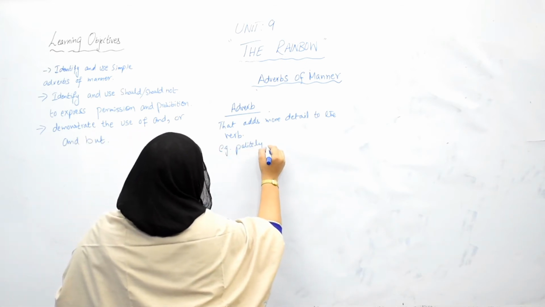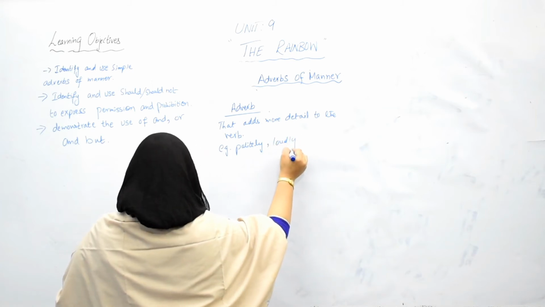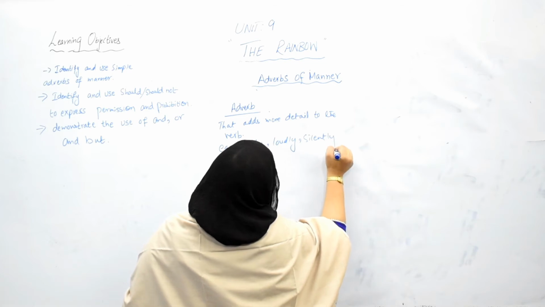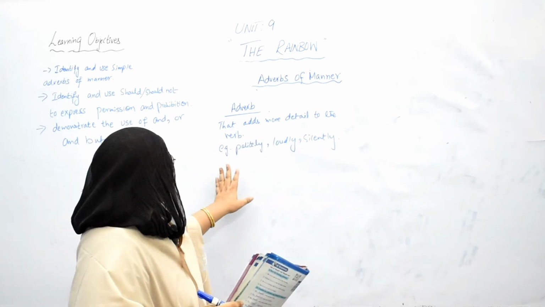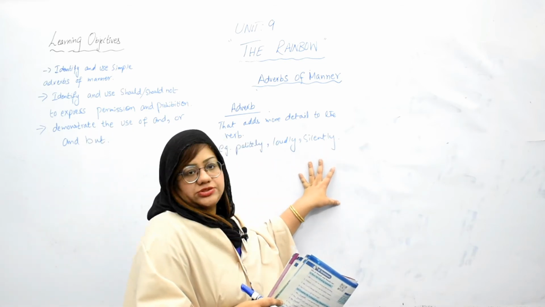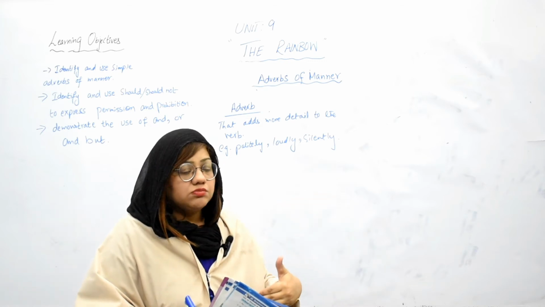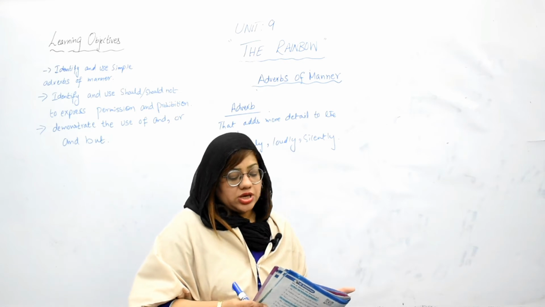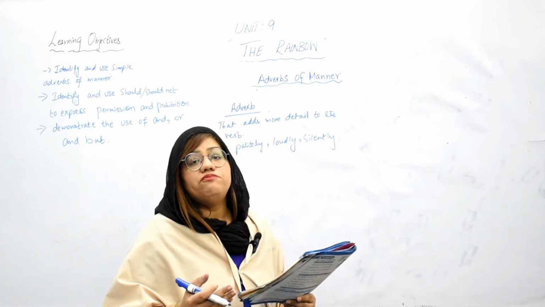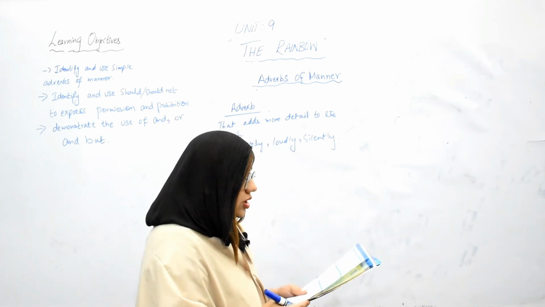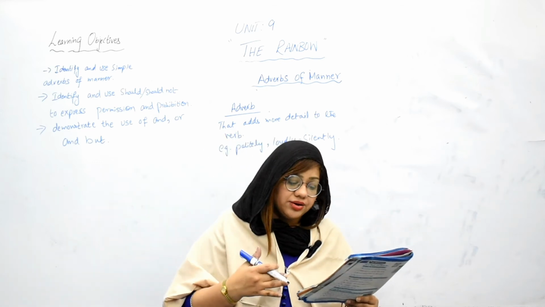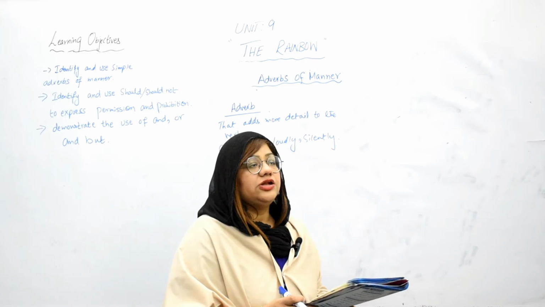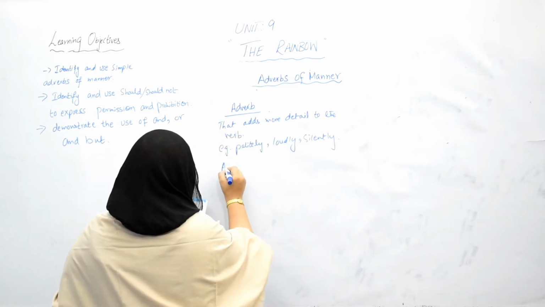For example, politely, loudly, silently. These are adverbs that add more meaning, more detail to the verb. Now, what are adverbs of manner? That is the question. It tells the manner or way in which something is happening.